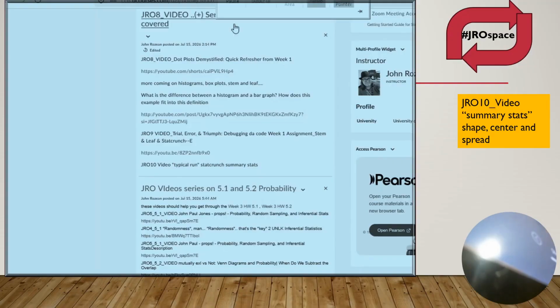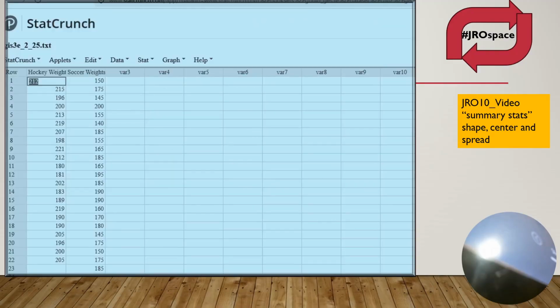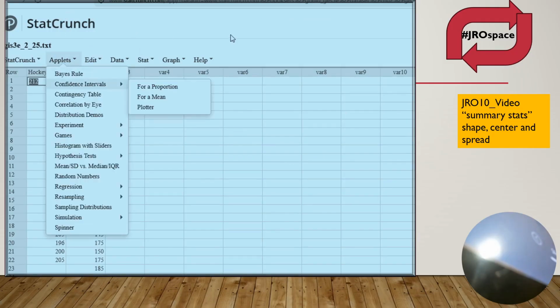Anyway, I've got to clear my, that's why I couldn't see before. Now I'm going to go into StatCrunch, and by the way, I found this in these data sets that you can find. I'll back out and show you.